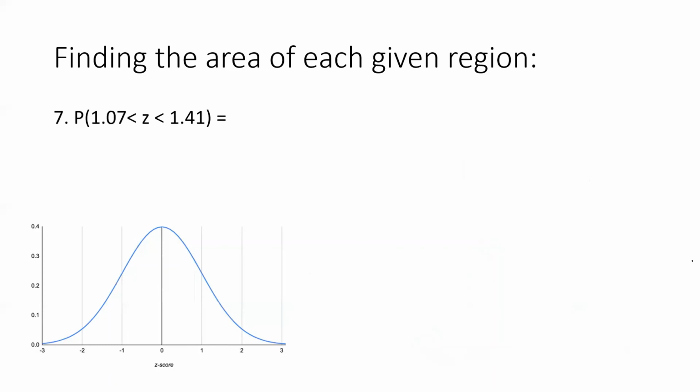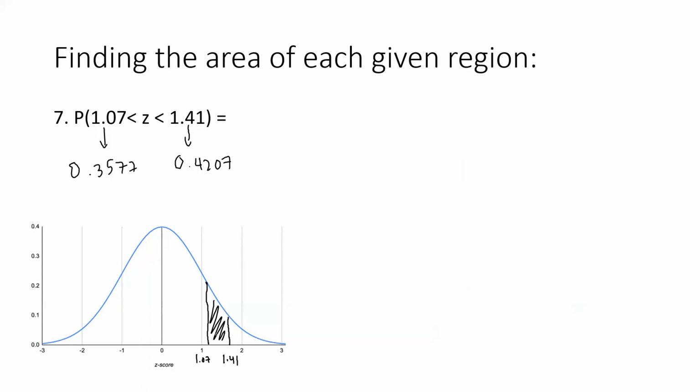To make things clear and verify that I'm right, we're going to do the same step. I'm going to revisit 0.3577 to 0.4207. We're going to plot it here and shade it here. Like in example number 6, the shaded region lies in one portion.